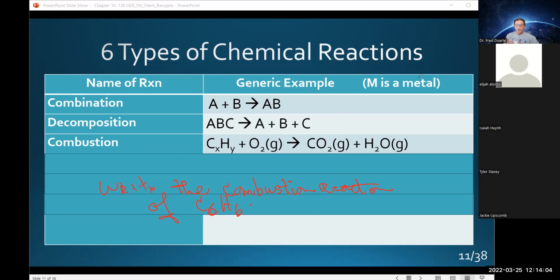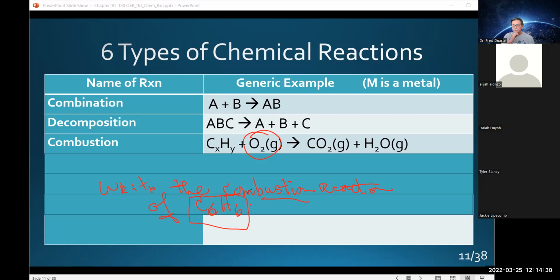Well, C6H6, you may not know what it is, and that's okay. But I hope you recognize that C6H6 is nothing more than a hydrocarbon because it's made up of nothing but carbon and hydrogen, okay? So point number one: the keyword combustion tells you that oxygen has to be involved.